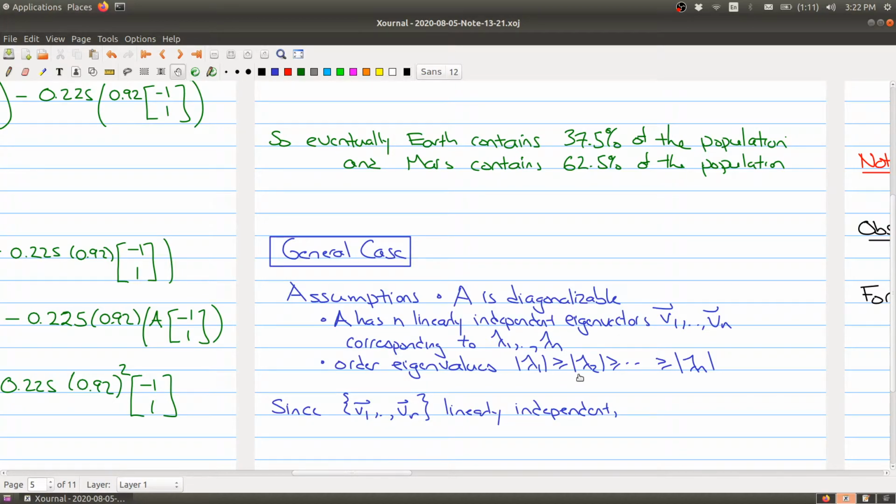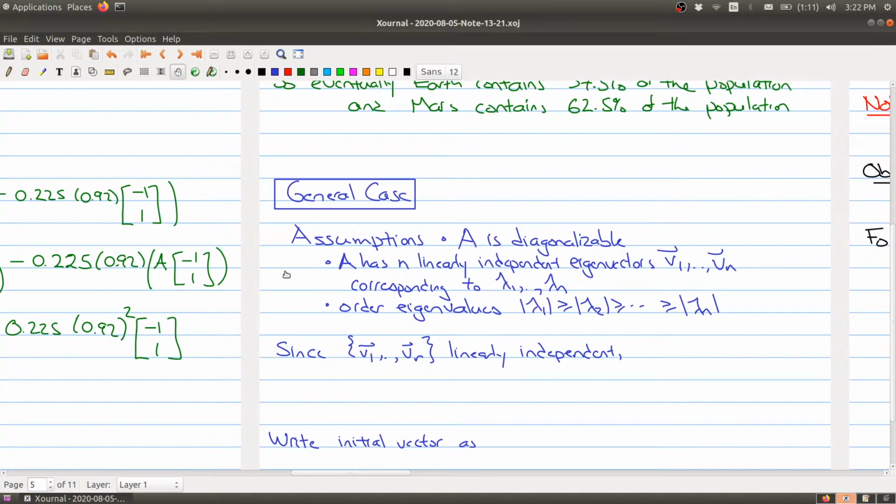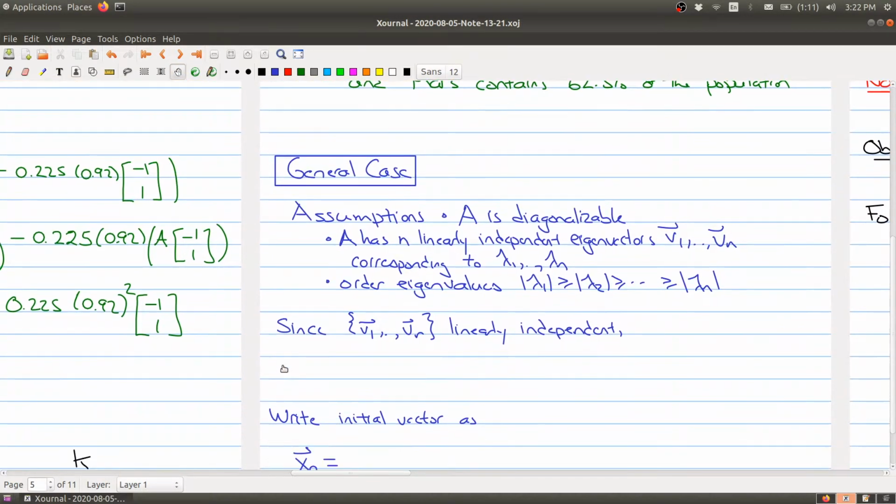Okay, so let's use this setup to figure out what we can say. Since v1 through vn, that should be a vn, not a vr, is linearly independent, they form a basis for R^n. That means R^n is equal to the span of the vectors v1 through vn.